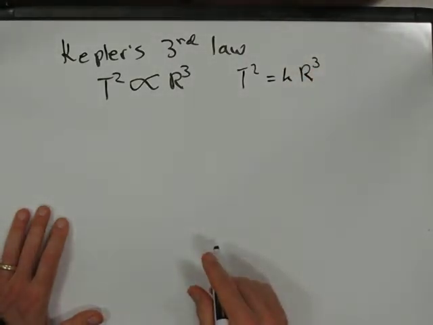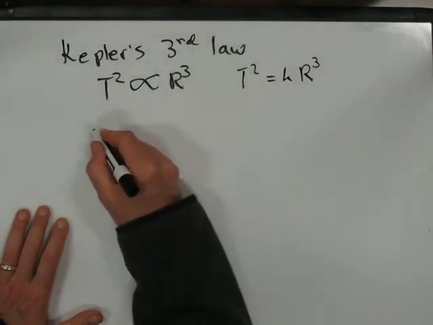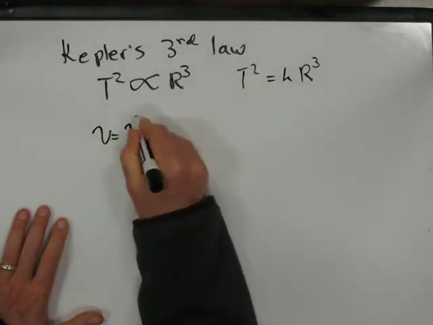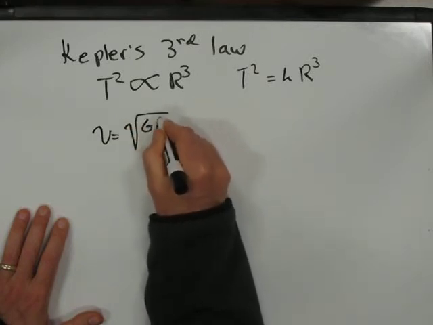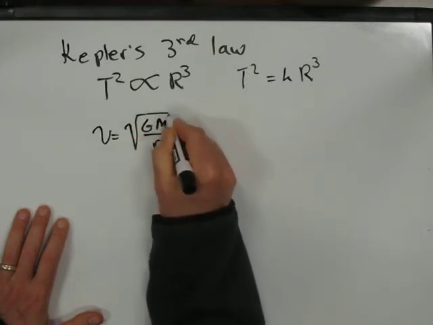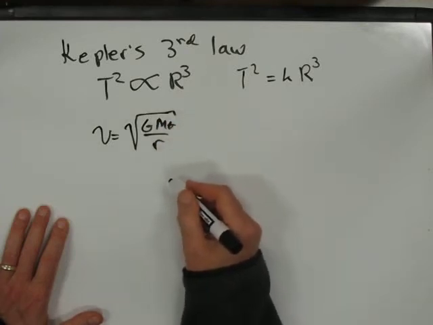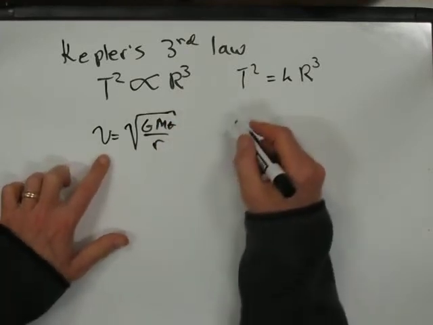And so we can see that from Newton's laws. We just said v is equal to the square root of G times the mass of the Earth divided by the radius, right?